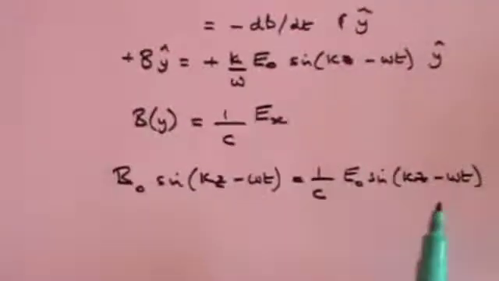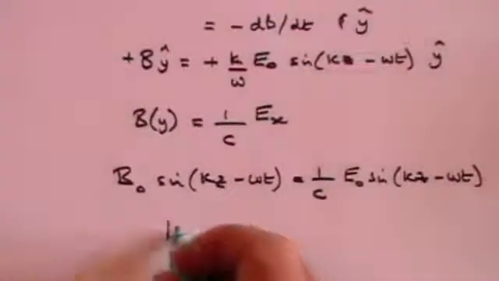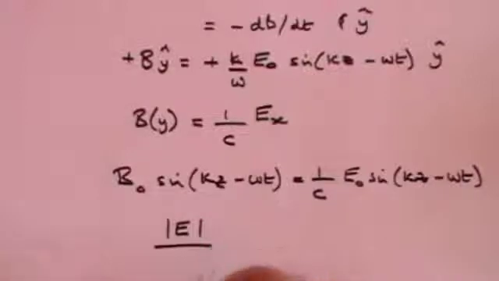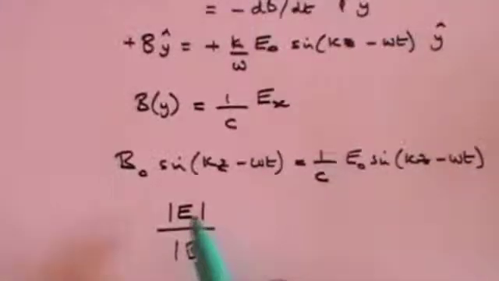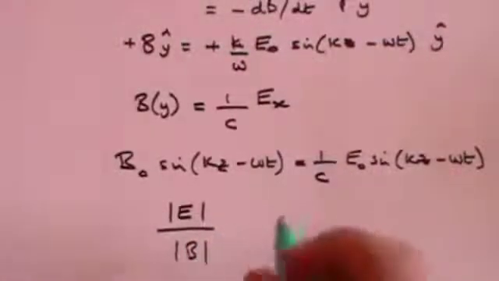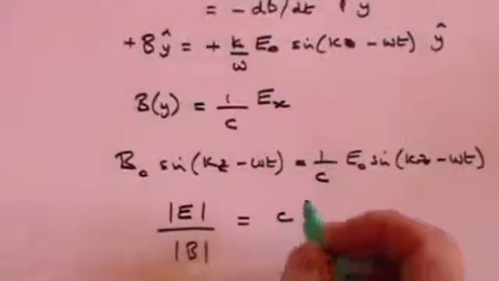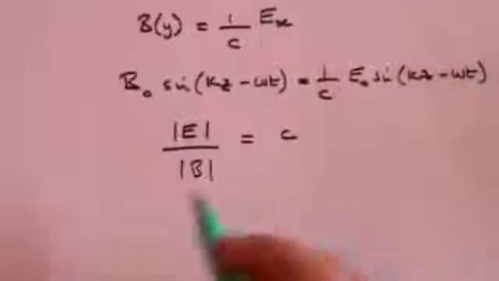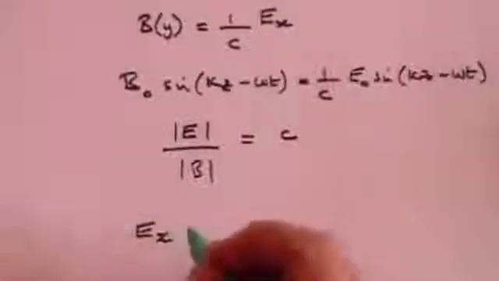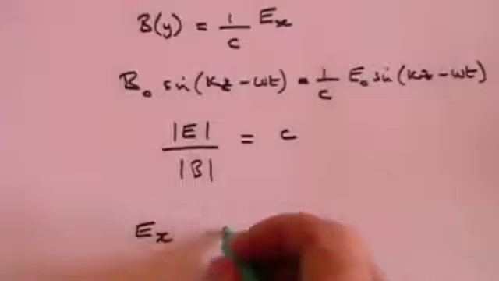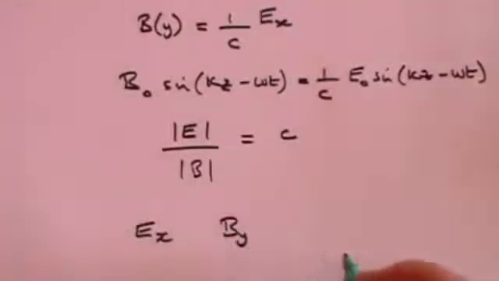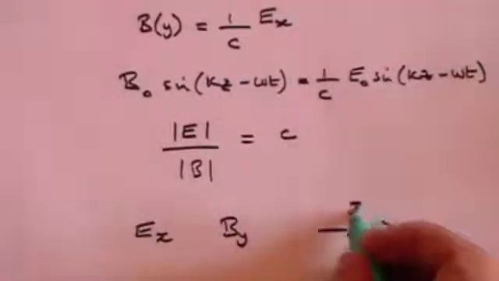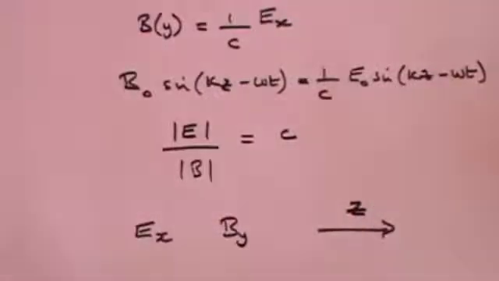And what that clearly shows is that the magnitude of the electric field divided by the magnitude of the magnetic field at all points is equal to c. Just to remind you, the electric field is oscillating in the x direction, the magnetic field is oscillating in the y direction, and the whole wave is travelling in the z direction.